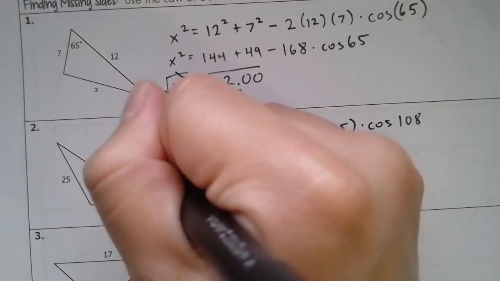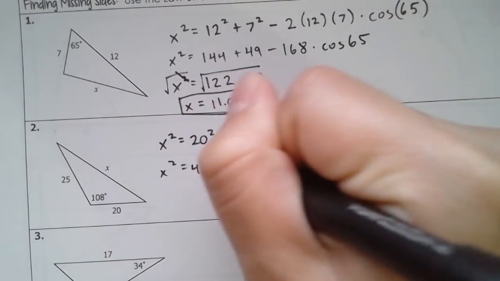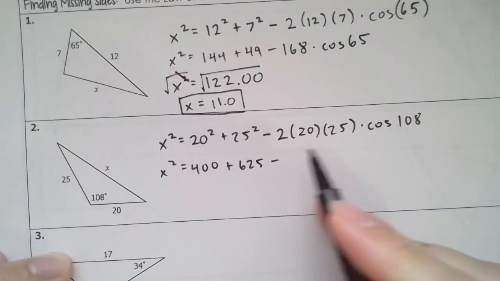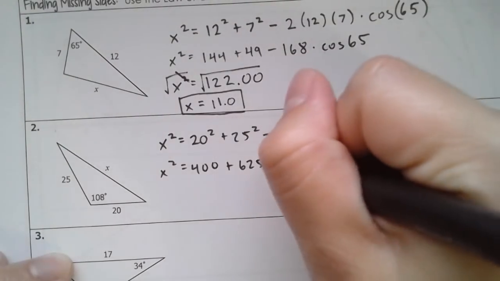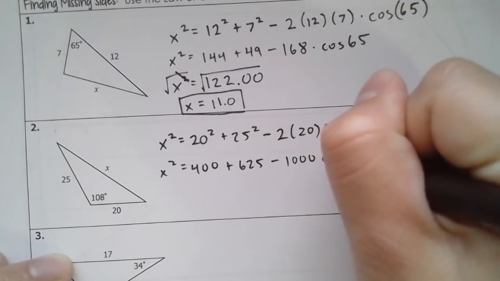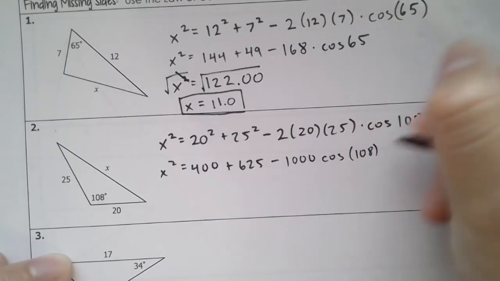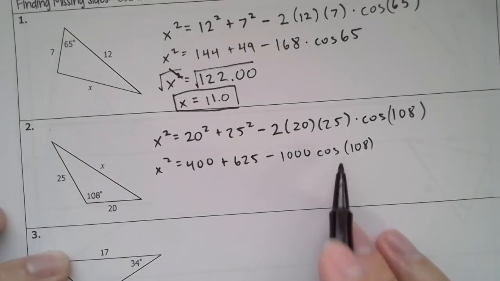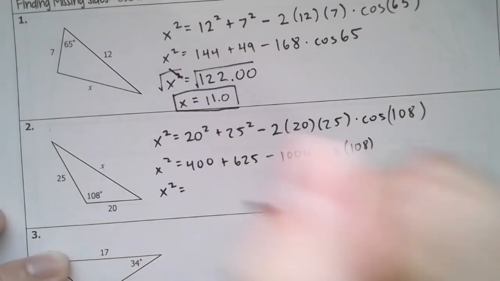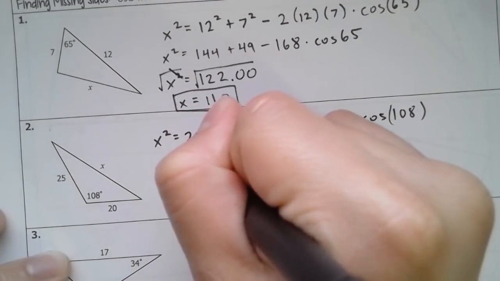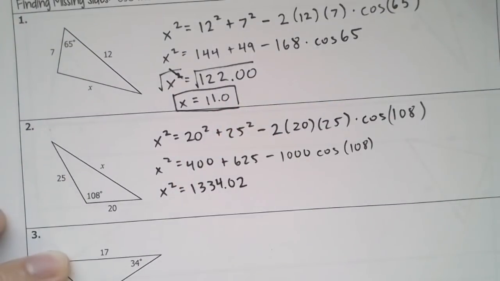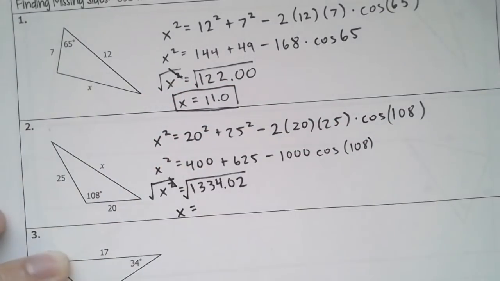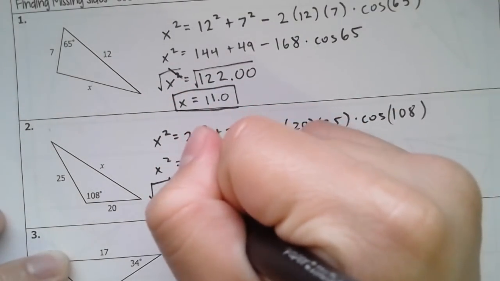So x squared is equal to 400 plus 25 squared, which is 625, minus 2 times 20 times 25, which is 1000, cosine of 108. Here's what you put in your calculator, just like I did in the previous example. When you do that, you're going to get x squared is equal to 134.02, and then you take the square root of both sides, and you get x is equal to, rounding to the nearest tenth, 36.5.